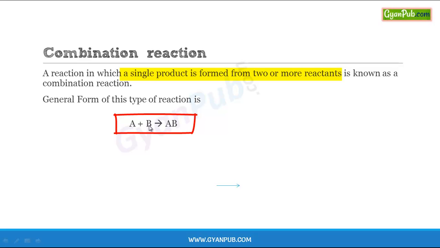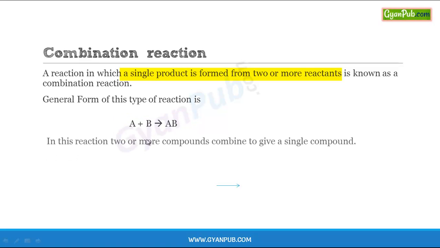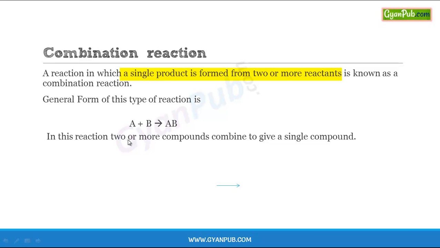So A and B combine together to give the product AB. In this reaction we can observe that two or more compounds combine to give a single compound.